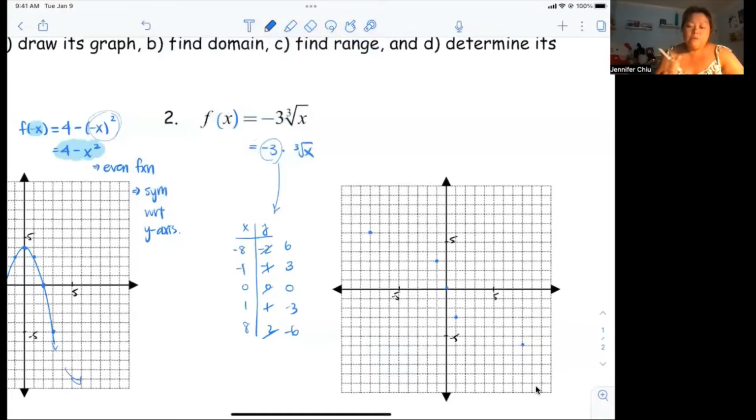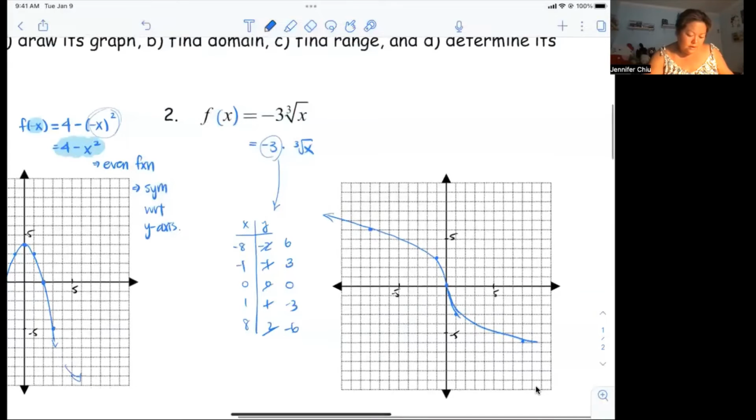All right, so what is this going to do? It's going to look something like, let me turn this so it's a little easier to draw. So it's going to go like this, curving this way, and curving like so for my graph.